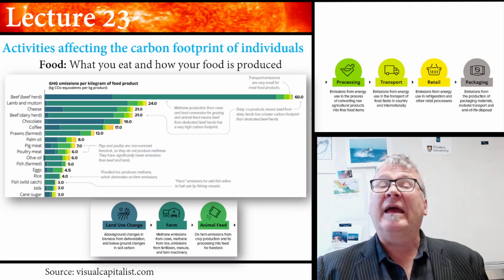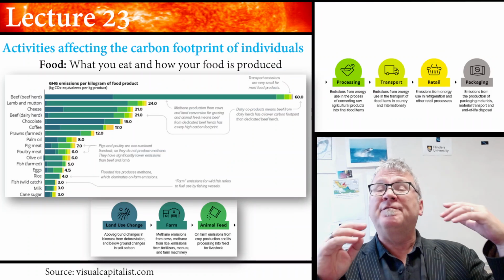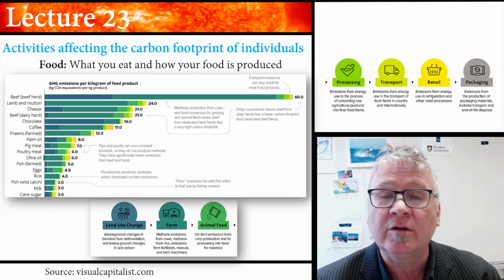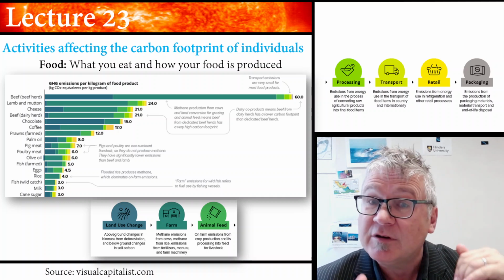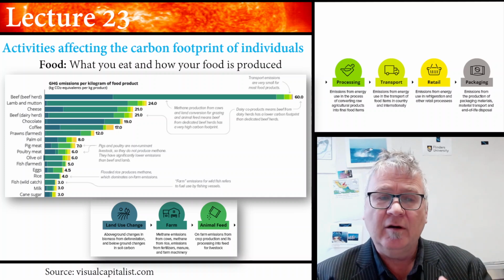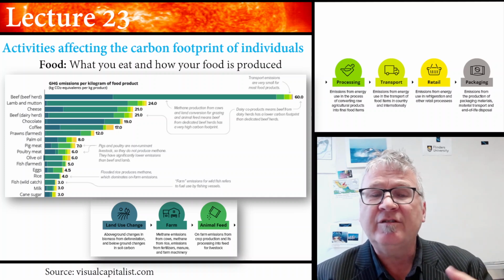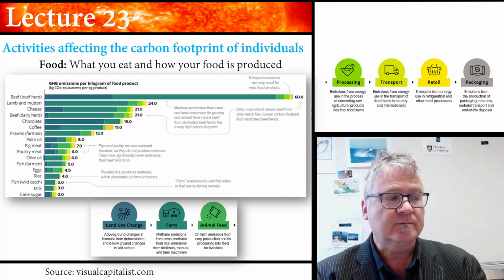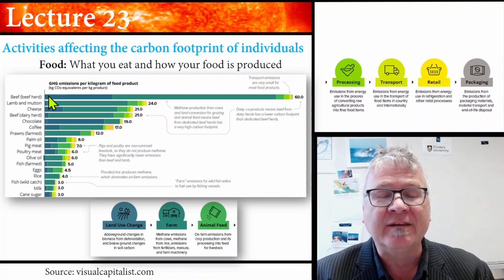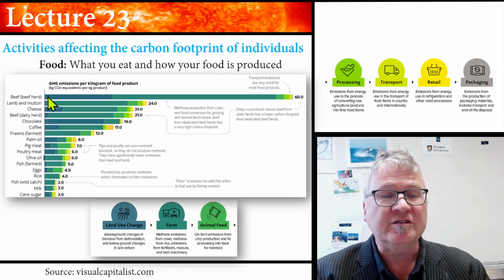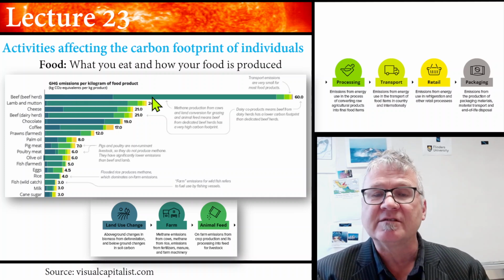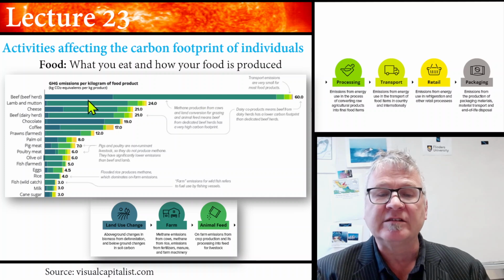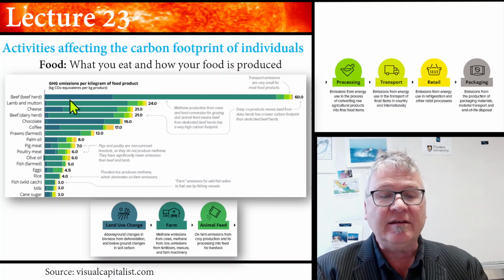So now, activities affecting the carbon footprint of an individual also include what you eat and how your food is produced. And here are some comparisons of different types of food. You can see there are these horizontal bars, and they are separated into different colors. The different colors represent land use change, which is the darkest color.